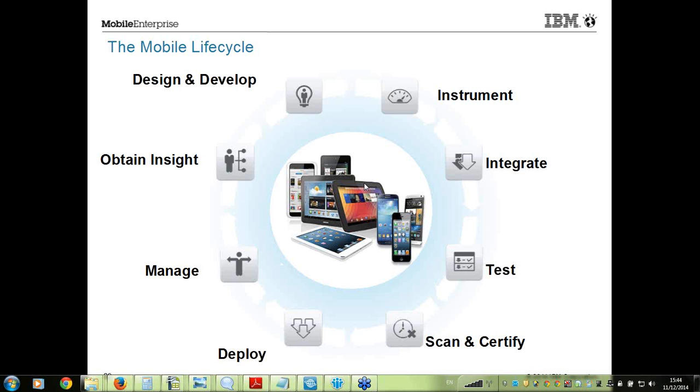The other question is from Rishabh. Can you tell me the usability of IBM Worklight for a small scale enterprise? So here's what I would put it. When you look at IBM Worklight, it comes with multiple options.